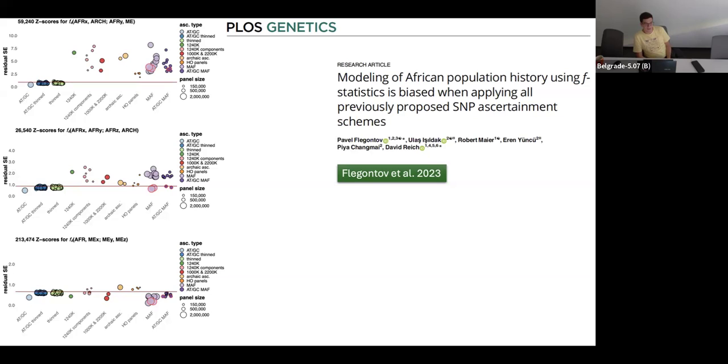So the question is, which way of doing the actual history analysis, the reconstruction of history, is best in terms of which methods are the most informative, or which combinations of methods should be used. For example, the F statistics, naturally, the PCA, which I think you will also talk more about, and there are other methods.